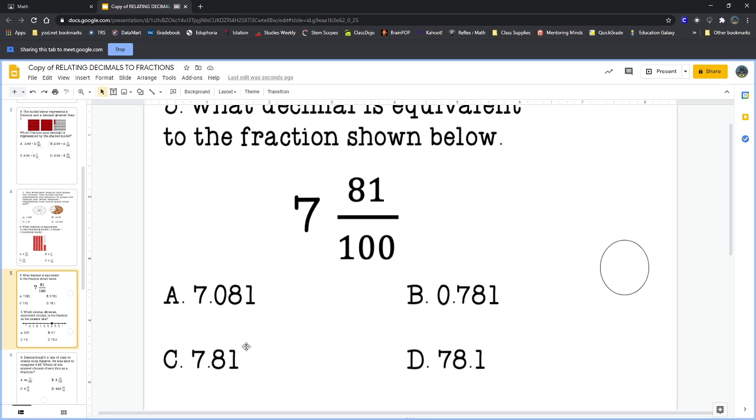And which decimal would it be equal to? A, 7.081. B, 0.781. C, 7.81. Or D, 78.1.